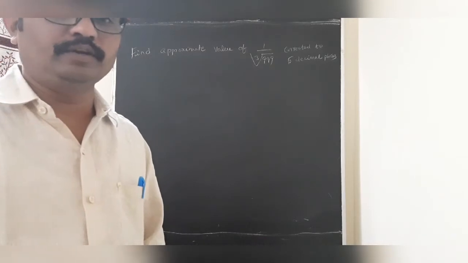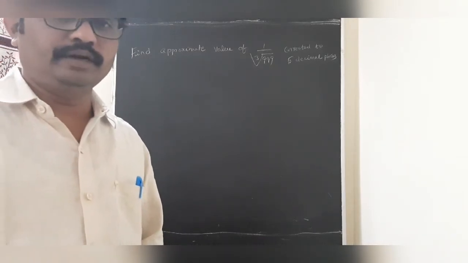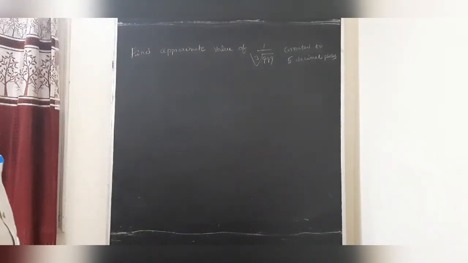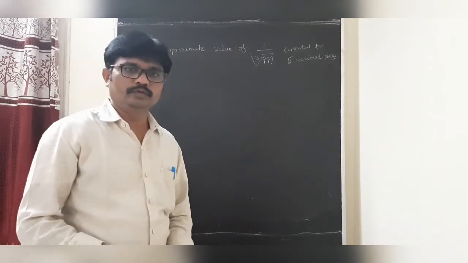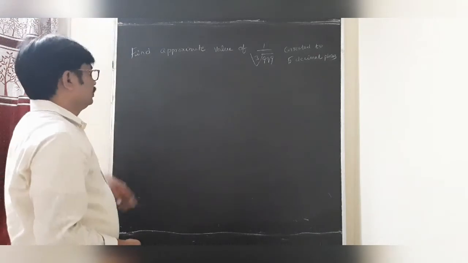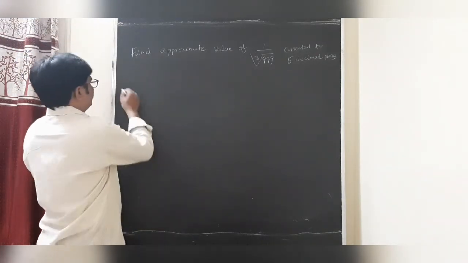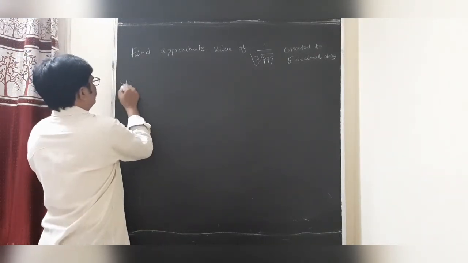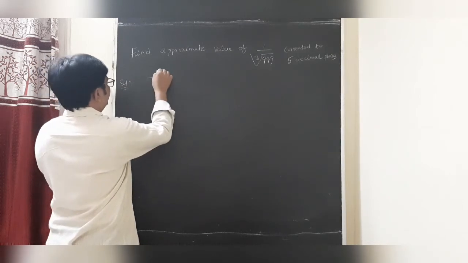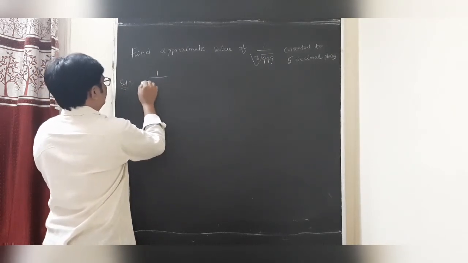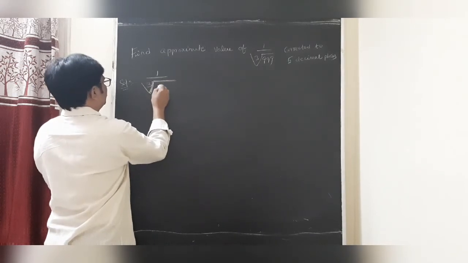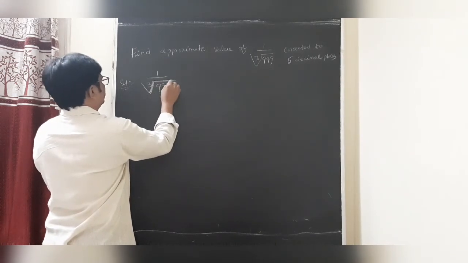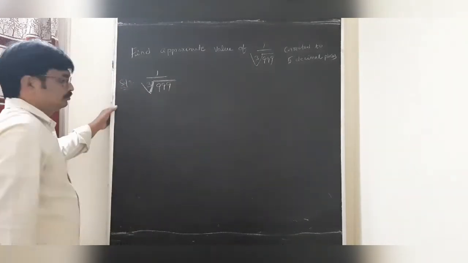Find the approximate value. Dear students, find the approximate value of 1 by cube root of 999, corrected to 5 decimal places. So this is 1 by cube root of 999.